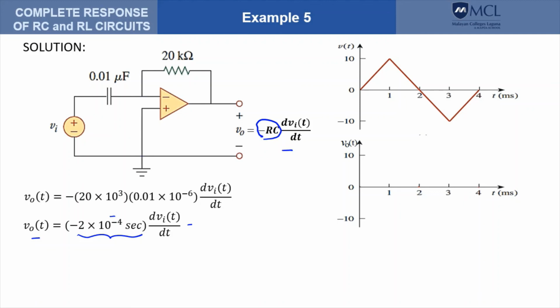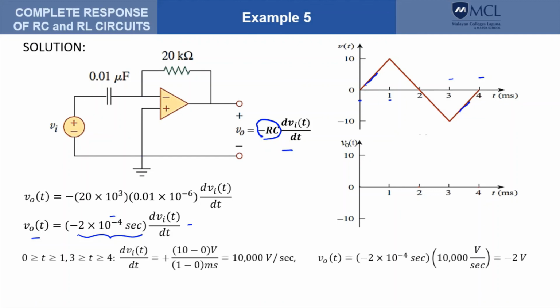For example, the slope between 0 and 1 is this one, and that slope is also this slope between 3 and 4 milliseconds. So we might as well compute for that slope first. The slope here is computed using the traditional method, which is rise over run.